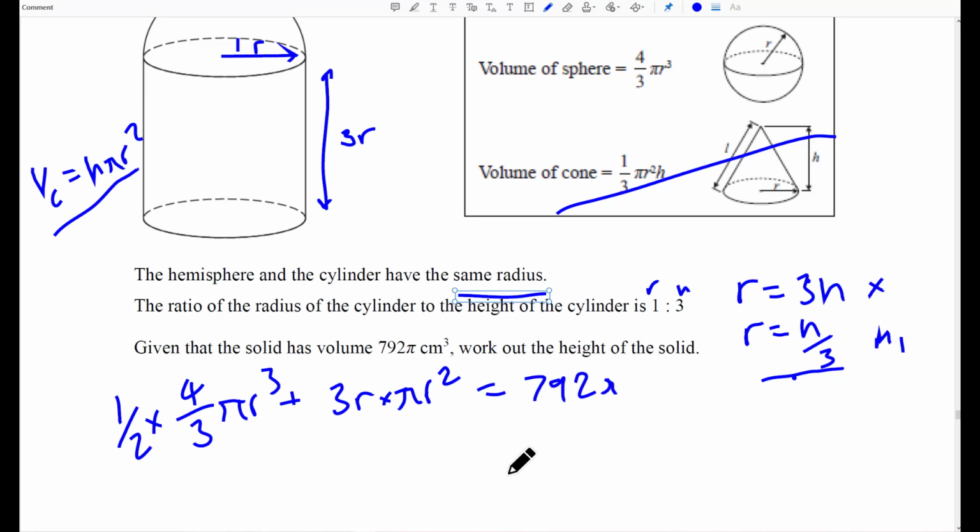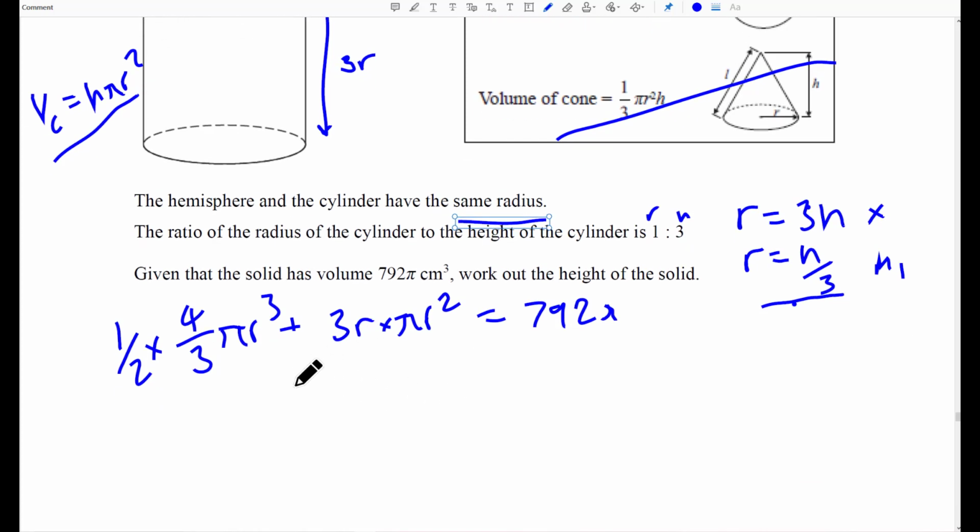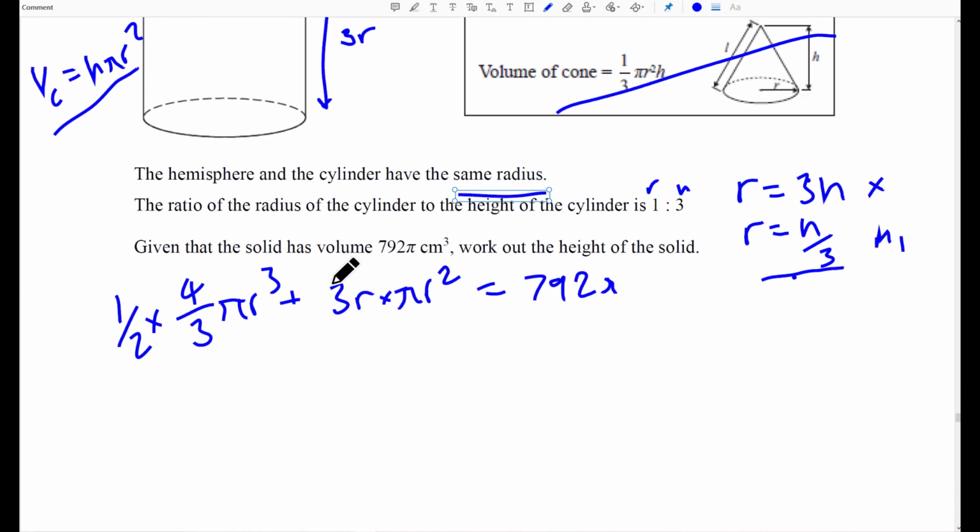Now we've got pi in all the terms, so we divide out both sides by pi. What we're going to get is 4 over 6 r cubed plus 3r cubed equals 792.